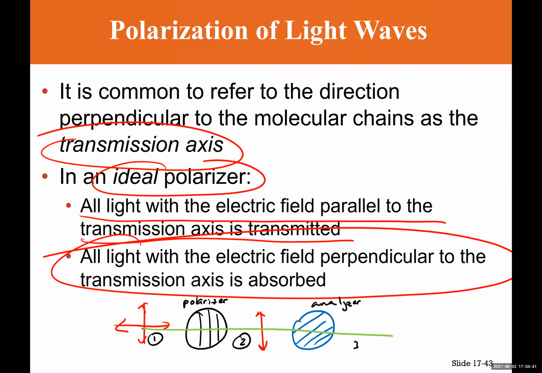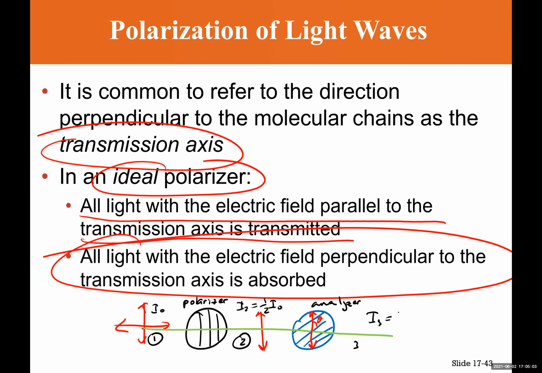I can have it at some angle theta relative to the propagating light. Now, how much intensity will I have at point 3? Remember, intensity at point 2 is exactly half of the intensity of the original unpolarized light.